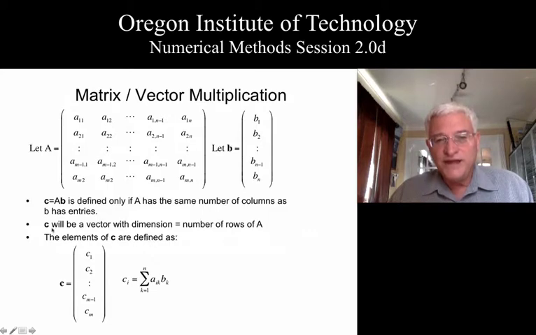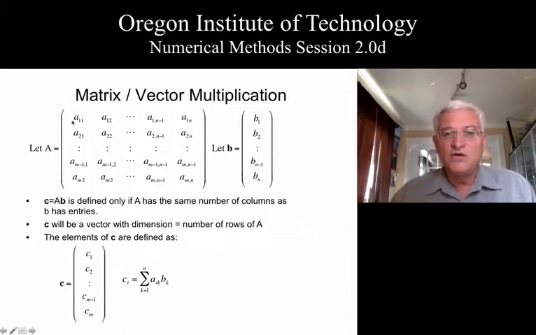When we create this vector C, it's going to have a dimension that will not be the same as the number of entries of B. Rather, it will be equal to the number of rows of A. Well, that makes sense, because we're going to repeat this process for every single row of A. So this same paired product that I did on the first row of A with the columns of B, I will do again with the second row of A and the same entries of B. And I do it a third time with the third row of A and the same entries of B, and each time calling the result C1, C2, C3, and so forth until I'm done.